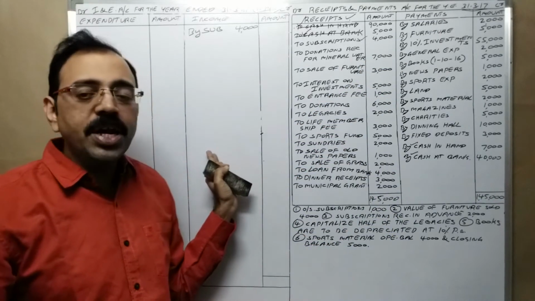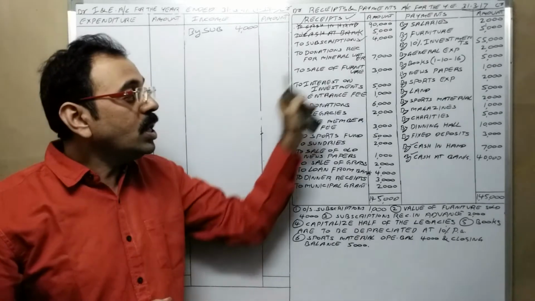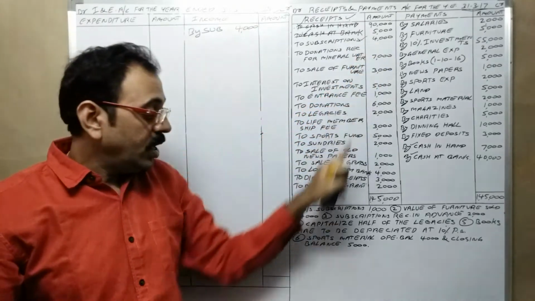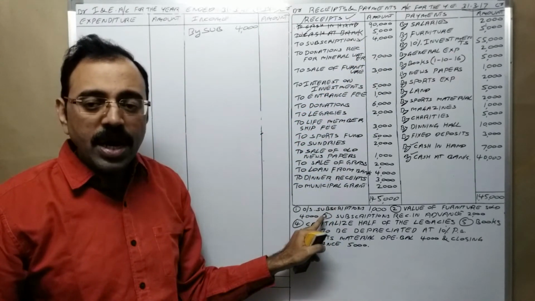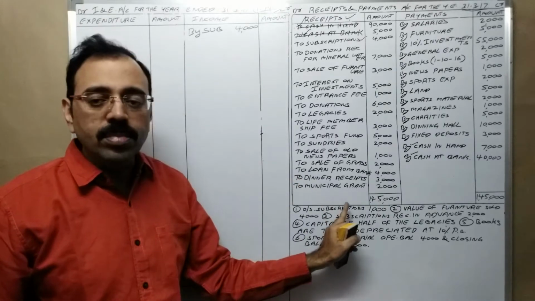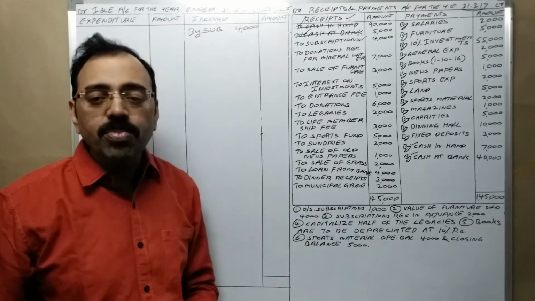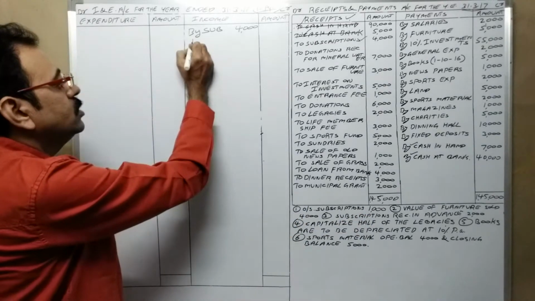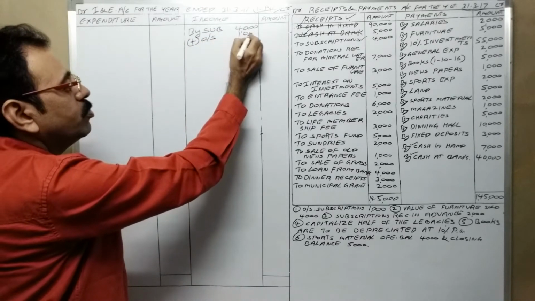Since income and expenditure account is prepared on accrual basis, not only the received income, income to be received, nothing but accrual income also we should consider. Therefore, add this 1,000 rupees, plus outstanding 1,000 rupees.